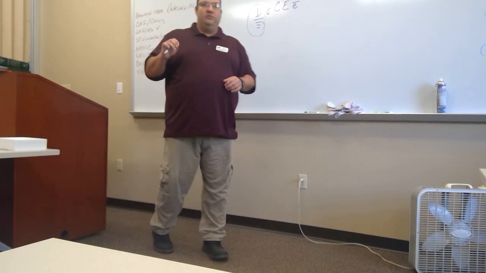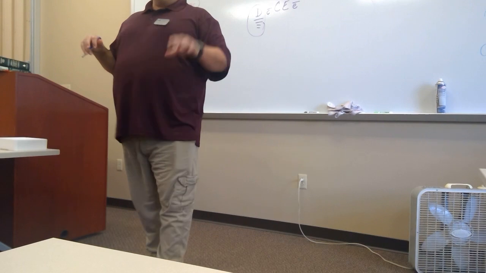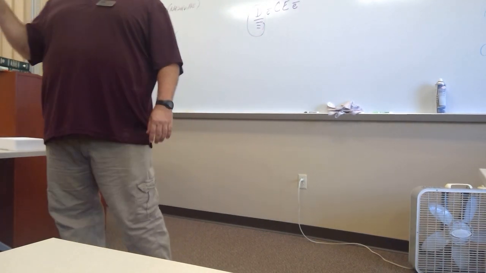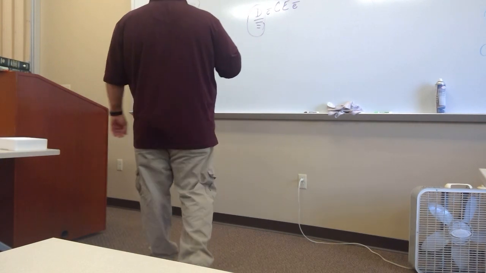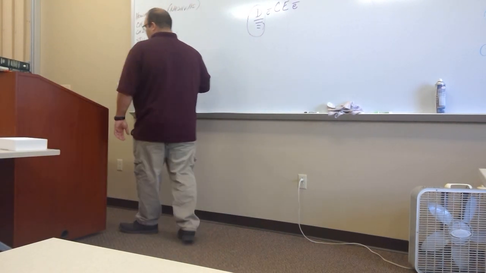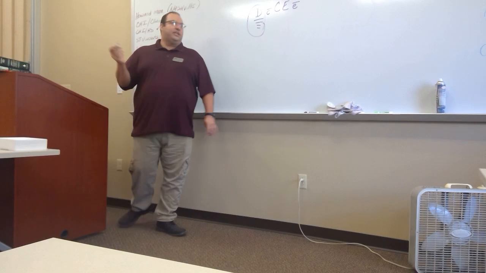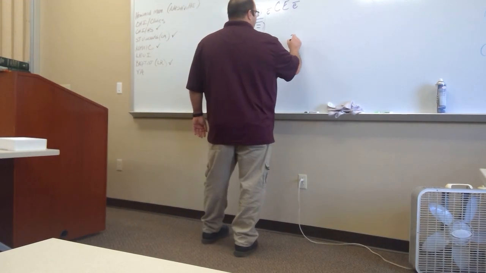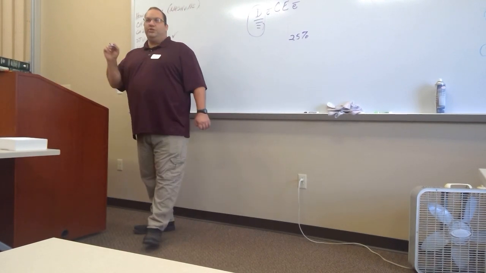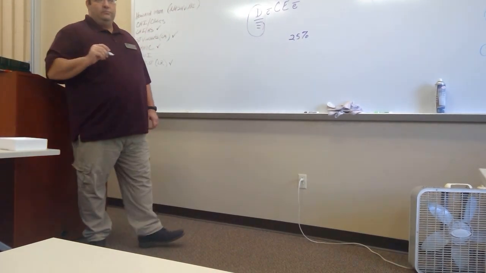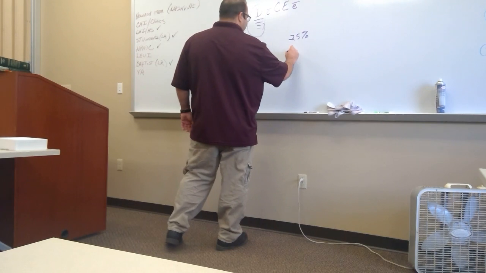If we were to give Trish a unit of blood, how much would it raise her hematocrit? Let's say right now her hematocrit is sitting at 25%. We give her a unit of blood, what should it go up to? 28%.